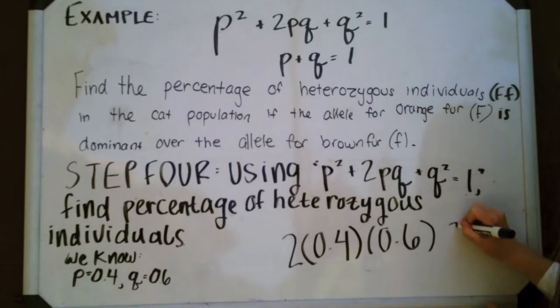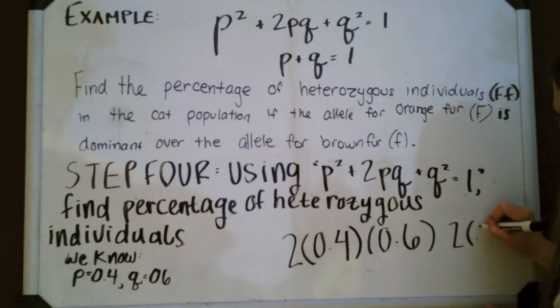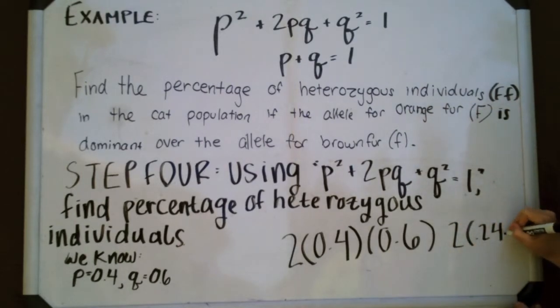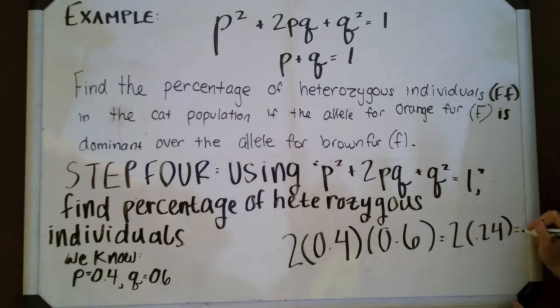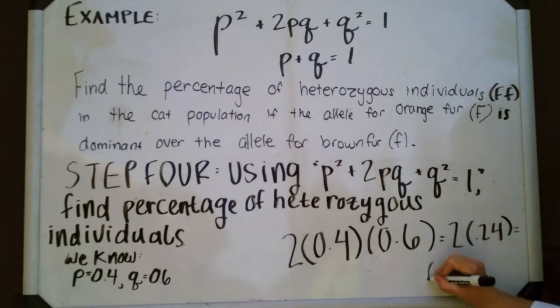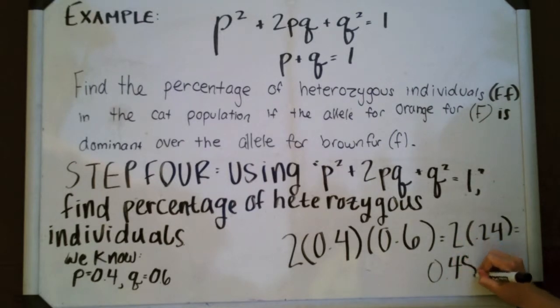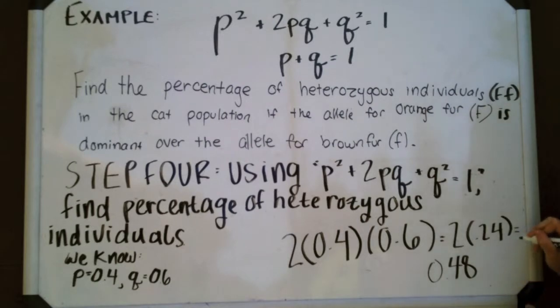From that, we determined that 2pq is equal to 0.48. This means that the answer to this problem is that 48% of the cat population is heterozygous.